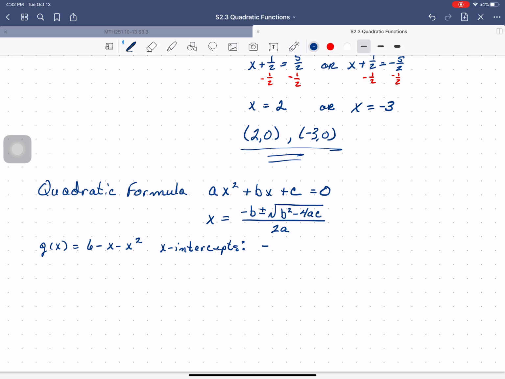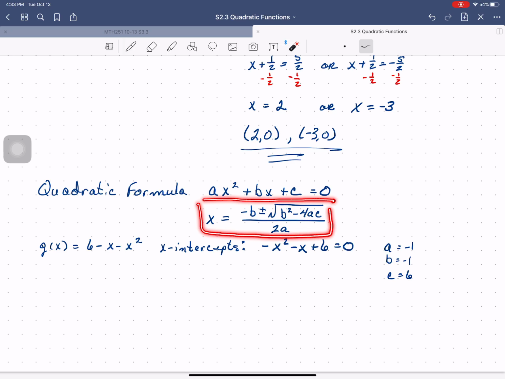I'm going to put it in standard form, so negative x squared minus x plus 6 equals 0. That means a is negative 1, b is negative 1, and c is 6. So I can use the quadratic formula because I have an equation that says ax squared plus bx plus c equals 0. Then I can find x using this formula right here.